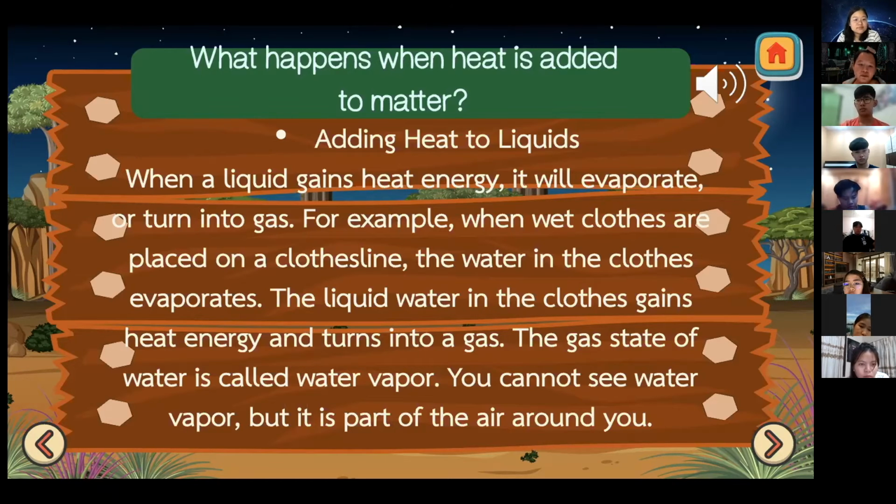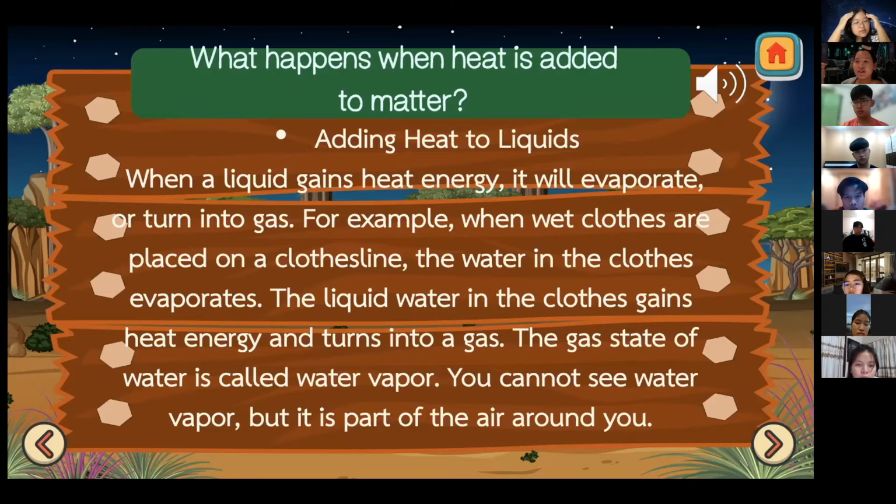What does this mean in this paragraph? Everyone think together with me. When you put your wet clothes on the clothesline after washing them, your clothes are wet, right? Yes.